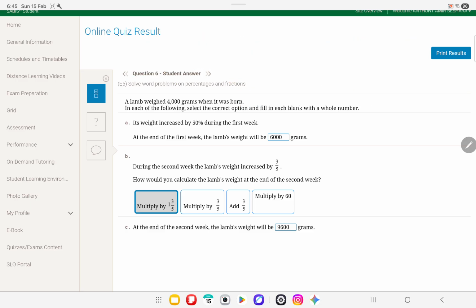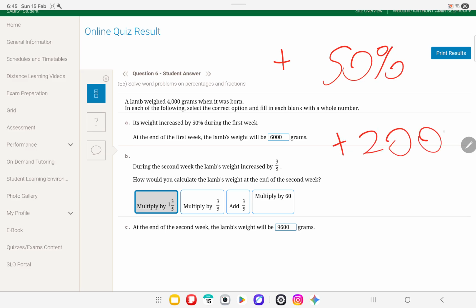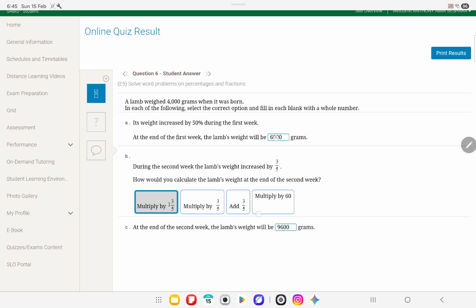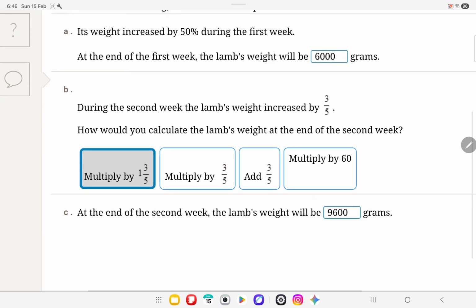So we do plus 50%, which is plus 2,000. What do we add to 2,000? We add the first number we got, which is 4,000. So we do 4,000 plus 2,000. The answer is 6,000. Now, during the second week, the lamb's weight increased by 3 over 5.